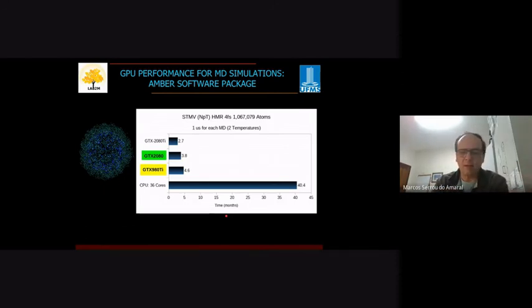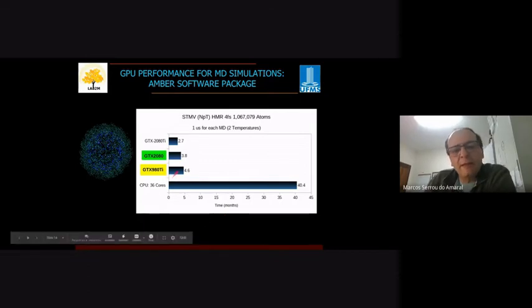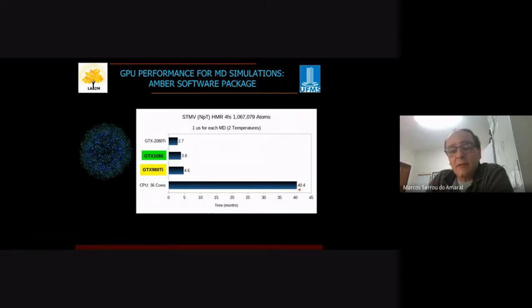For COVID, some discussions on the internet say the virus can survive in low temperatures, not in high temperatures. So suppose this is our COVID virus. I need to test at least 2 temperatures, and maybe for 1 microsecond. In CPUs, I need to wait 40 months to get these results.